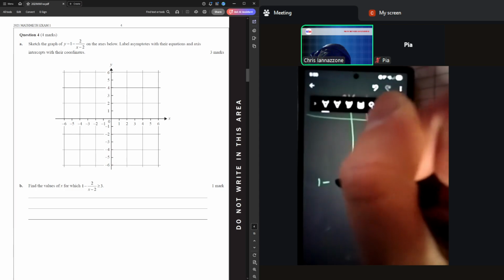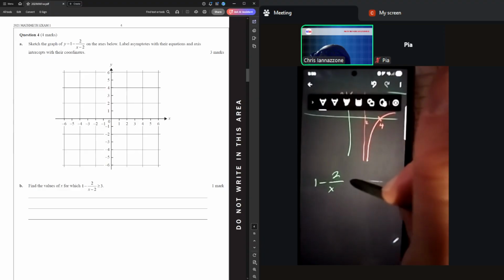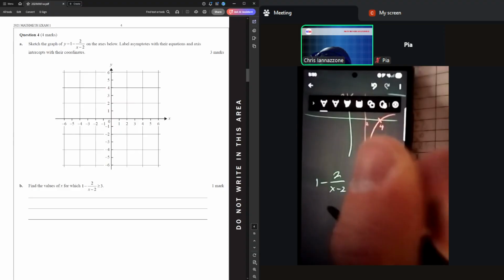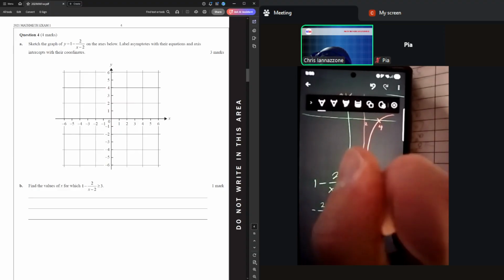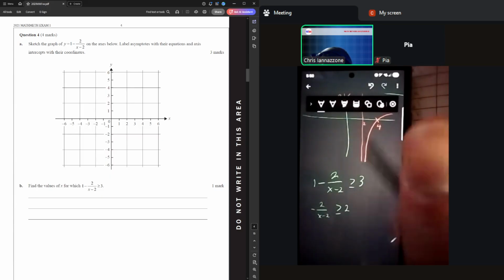We have 1 minus 2 on x take 2 greater than or equal to 3. We're going to have 2 on x take 2 greater than or equal to 2.